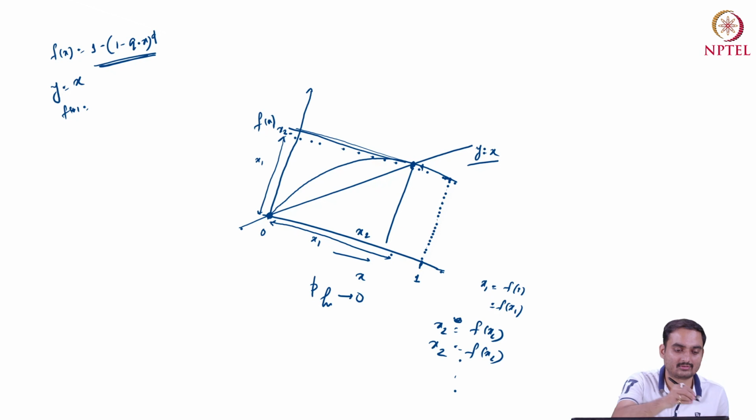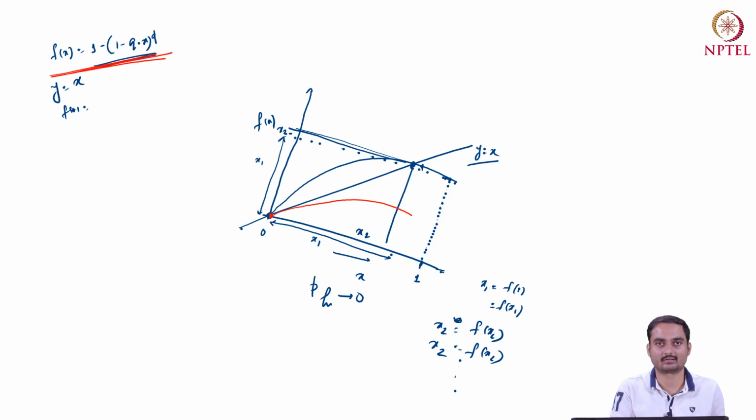So what would be your target? Your target would be to come up with a function which would look like this. It would only intersect at x equals 0. So let's try to understand the behavior of this particular curve.